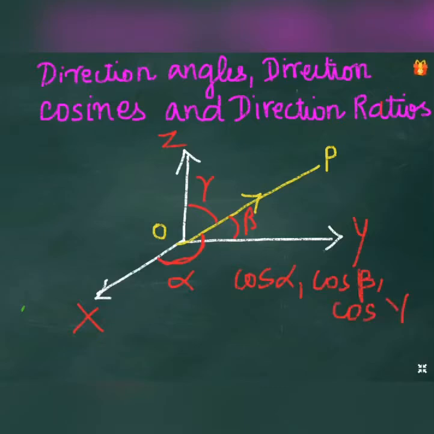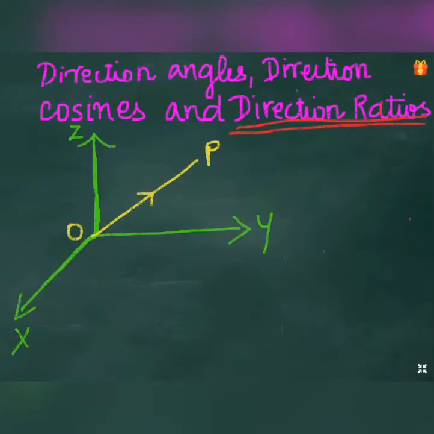Now we will continue to learn what are direction ratios, which is a very important concept. The position vector OP makes an angle of alpha with the positive direction of x-axis. Now this point P has x coordinate, y coordinate and z coordinate respectively, so point P is of x length.